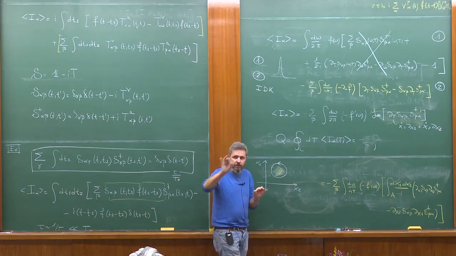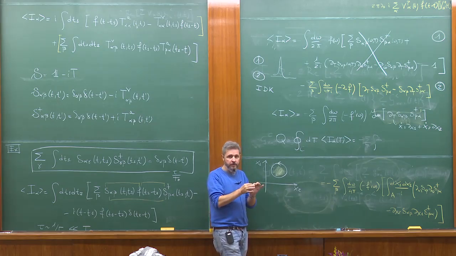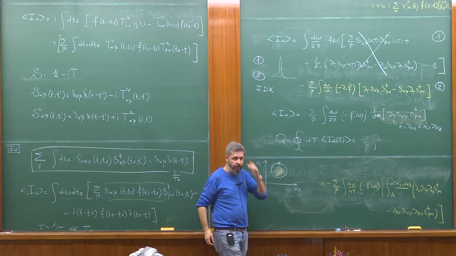It does not depend on how you move. It depends only on what the circuit is. So it's geometric in this sense. It's a geometric quantity, right? So it's a very non-trivial result.